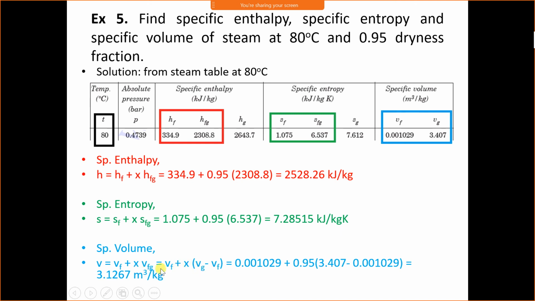Therefore, formula will be modified as vf plus x, as it is, times vg minus vf. Therefore, value of vf is 0.001029 plus 0.95 times vg, 3.407, minus 0.001029. And it is coming out to be 3.1267 meter cube per kg. Understood? Value of vfg is not mentioned in the steam table. Therefore, vfg is written as vg minus vf.